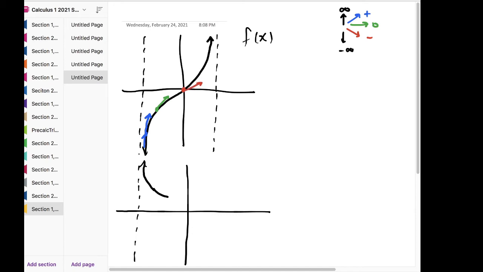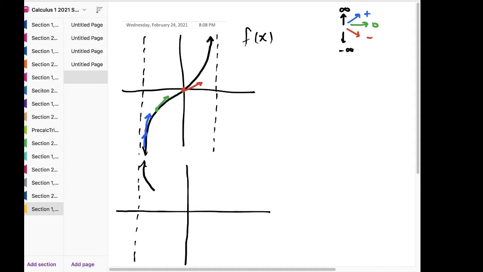So what's happening at 0? If it's the most flat at 0, is it positive, negative? What's happening at 0? Yeah, it is positive. Is the derivative ever negative in this graph?